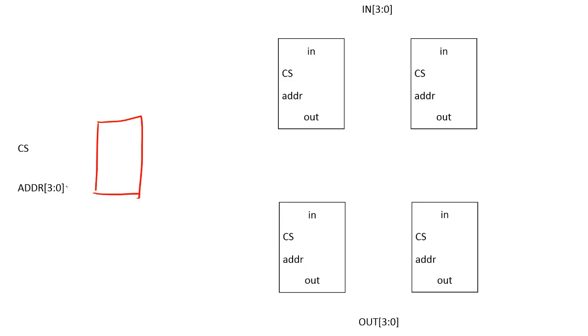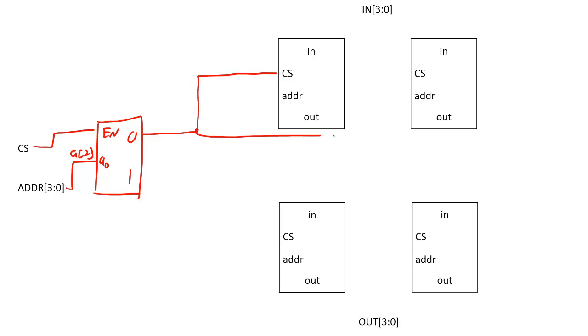I'm going to send just address bit 2 into a decoder, with outputs 0 and 1, and I'm going to change my chip select into an enable bit. If chip select is 0, it'll shut off everything. If chip select is 1, it's going to activate one of the rows: if address bit 2 is 0, it activates the top row, and if it's 1, it activates the bottom row.